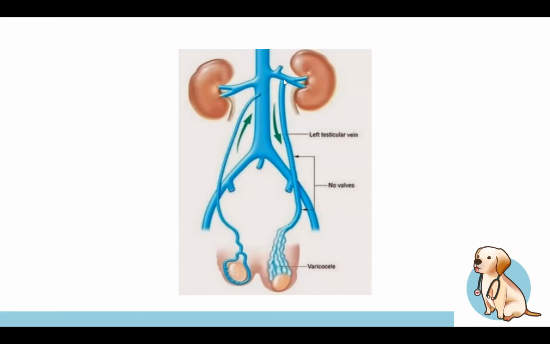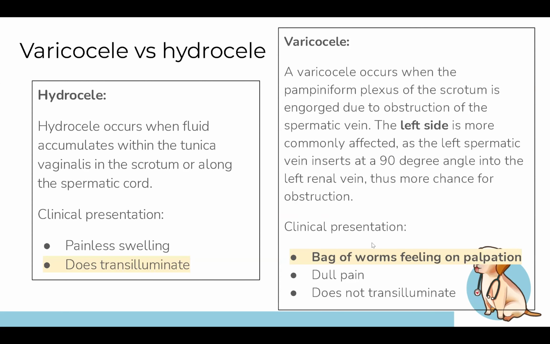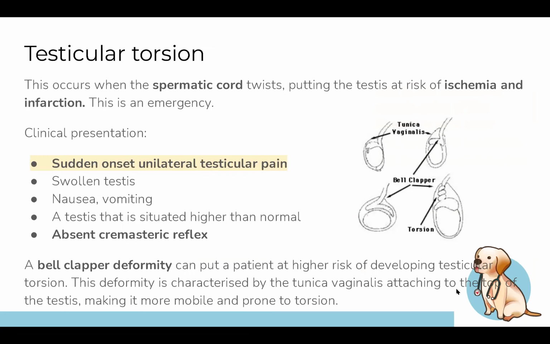You can see there's a really sharp 90-degree angle, whereas the right one just very smoothly inserts into the inferior vena cava. And so there's less chance for anything to get stuck and obstructed on the inside. That's why your left is much, much more commonly affected, because there's more chance for problems getting the venous blood through. And this one will not transilluminate because it's not fluid, it's blood going through.